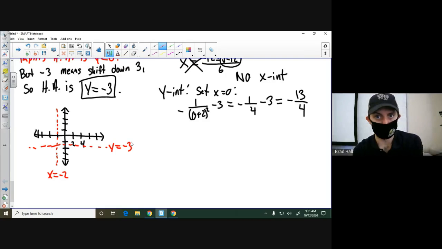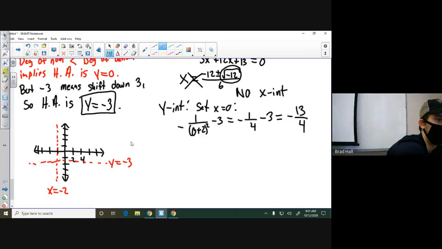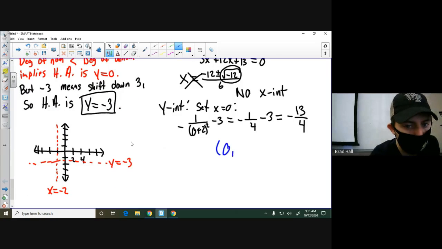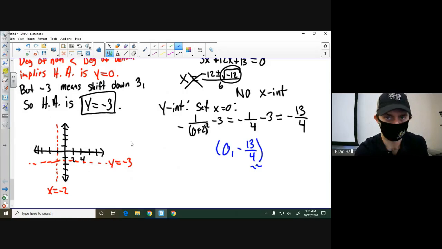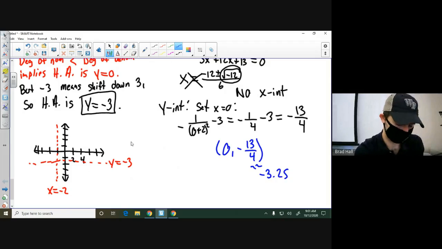And we found one intercept that was (0, -13/4). And to give us an idea of the decimal, so we can make sure the point goes in the right spot, it's -3.25, I believe.